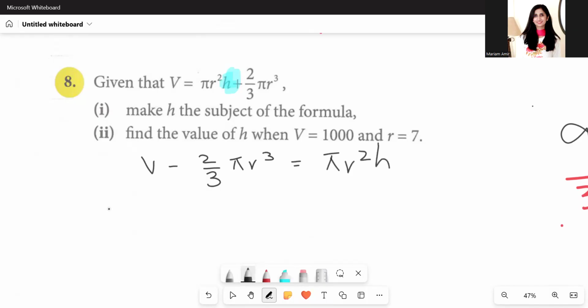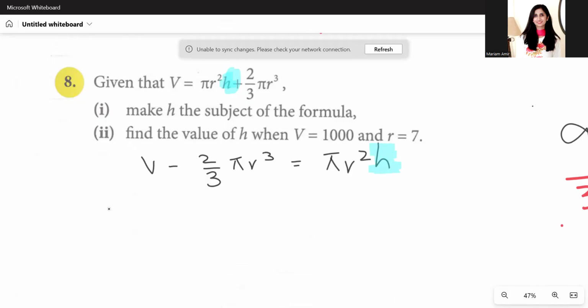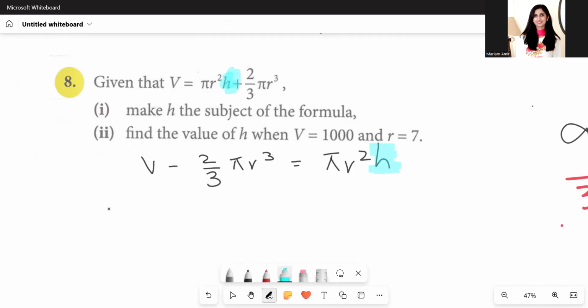Okay, now you could move this pi r square to the other side, yes? That would be a different method, but it will lead to the same answer as this one. Now we have pi r square times H, and now nothing is being added to it. Now pi r square can go to the other side. However, we don't have a single fraction here.